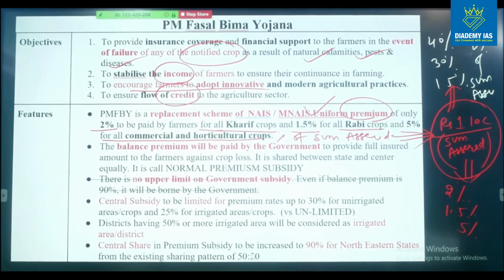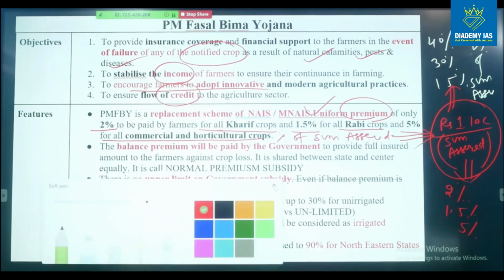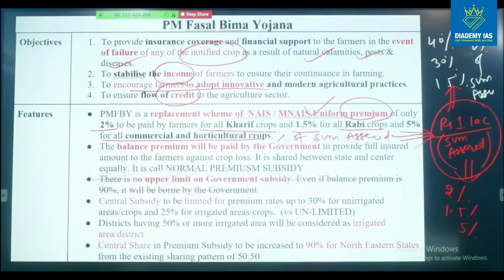So we can see the balance premium will be paid by the government to provide the full insured amount to the farmer against the crop loss. It is shared between the state and center equally. It is called normal premium subsidy. So earlier there was no upper limit. This is the statement earlier. That is why I have cut it down.